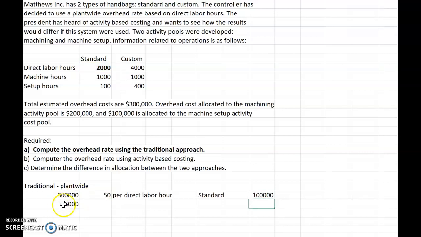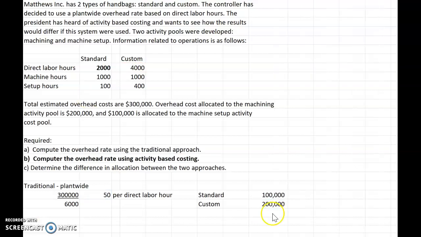So $100,000 is the overhead allocated to standard. For custom, again, it's $50 per direct labor hour, and custom used 4,000 direct labor hours, so $200,000 would be allocated to custom. So that's how the estimated $300,000 of overhead would be allocated. $100,000 to standard, $200,000 would be allocated to custom.